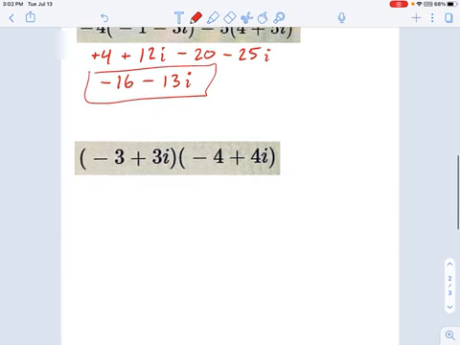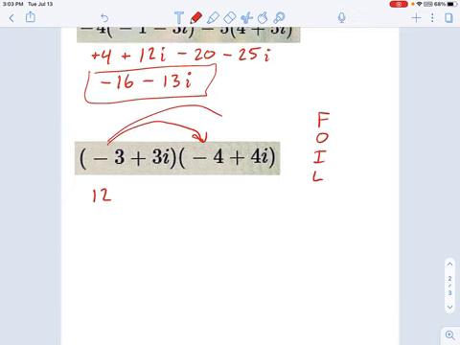Okay, so a little multiplication. If you remember foiling, first, outer, inner, last, I'm going to start, just like I would with regular variables, with the first terms. Negative 3 times negative 4 is 12. And then the outer terms, negative 4 times positive 4i becomes negative 12i. That part's imaginary.